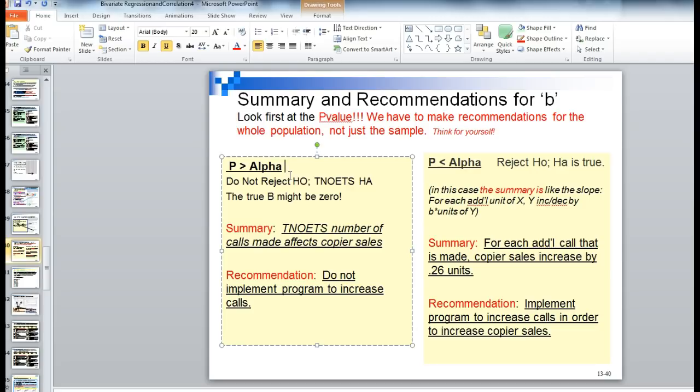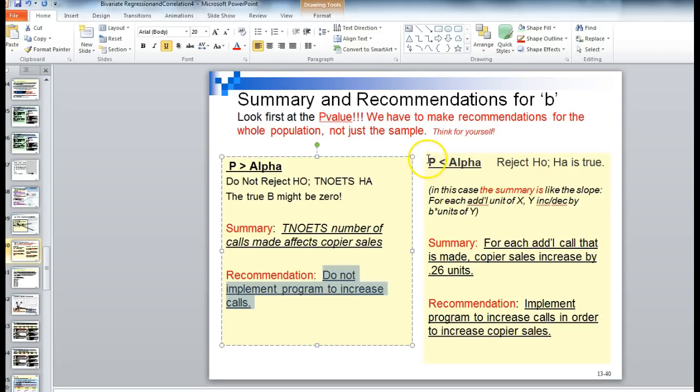So if my p-value is greater than alpha, my statistical conclusion would be there's not enough evidence to suggest that HA is true. There's not enough evidence to suggest that calls affect sales. So my recommendation is don't implement a program to increase calls, dude, right? That's not what you want to do.